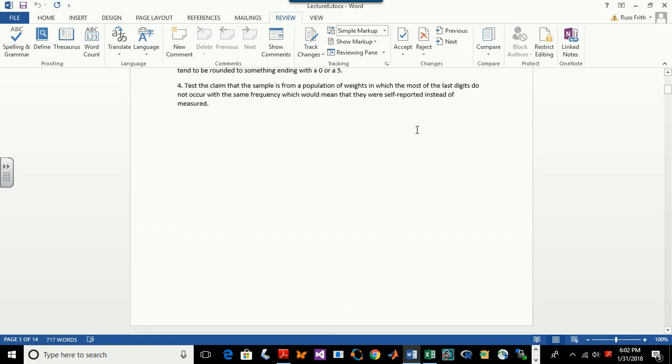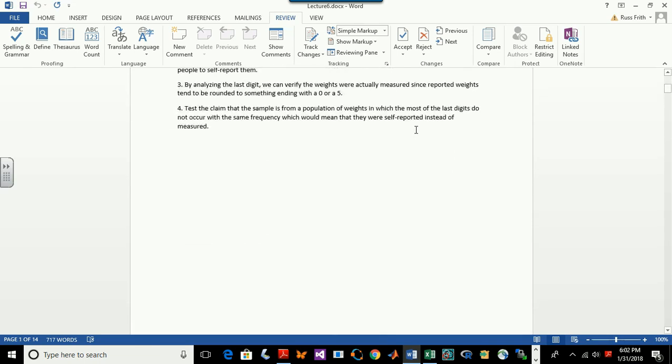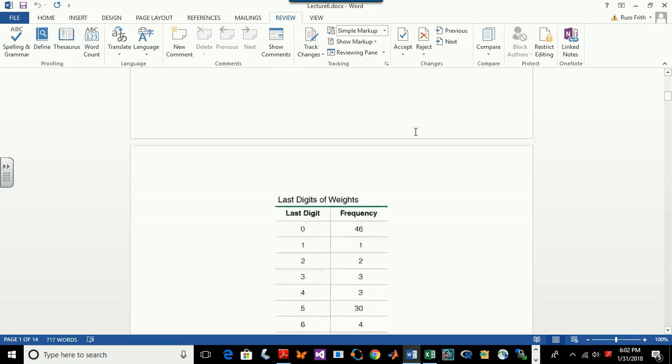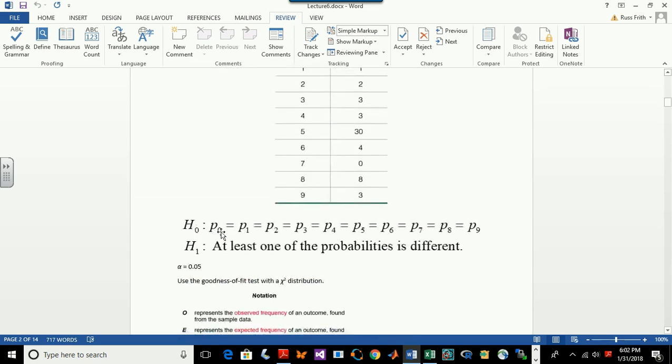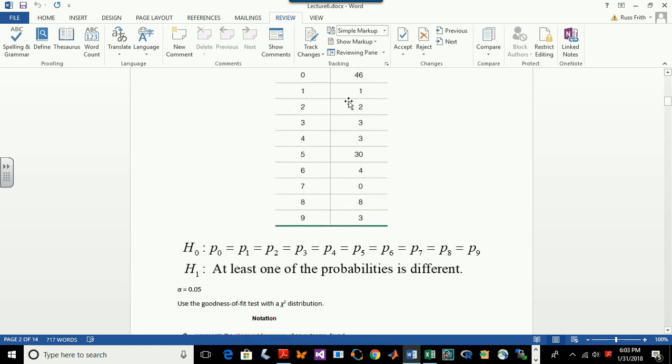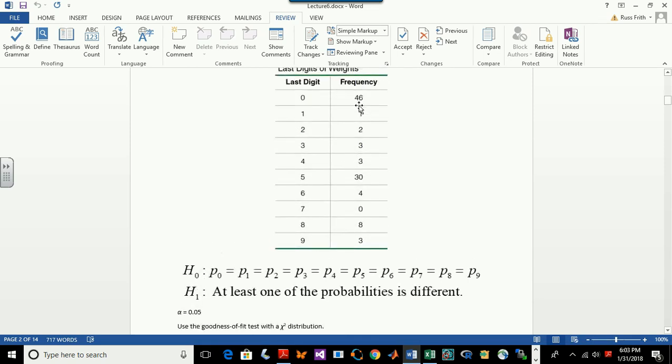So we can say that 0 is the most frequent number, but what we want to know is whether the proportion of each of the digits is equal. Of the 100 numbers, the numbers in the second column total 100, and the null hypothesis is that the frequencies are pretty much evenly distributed. The alternate hypothesis is that at least one of the probabilities is different.